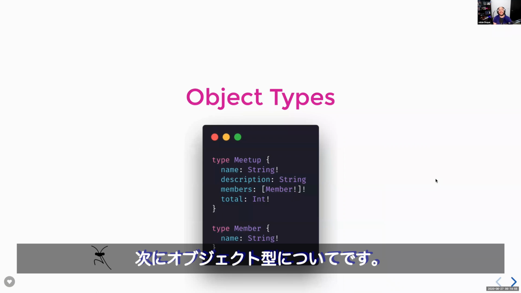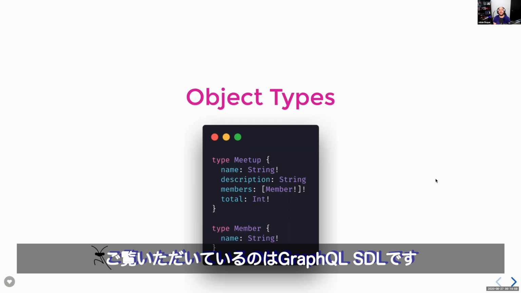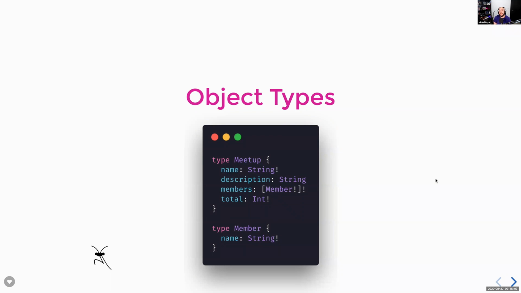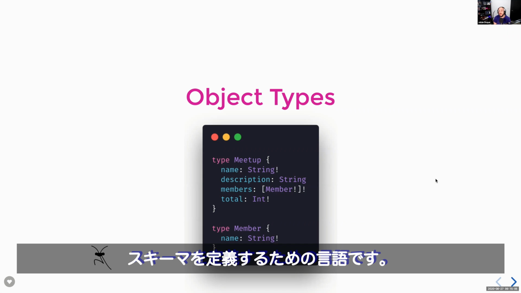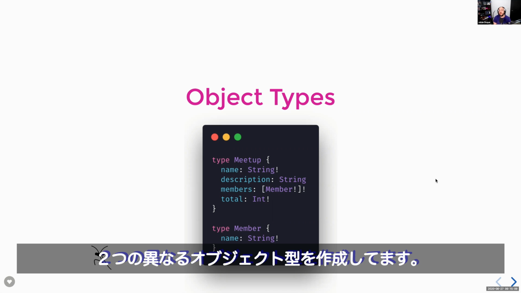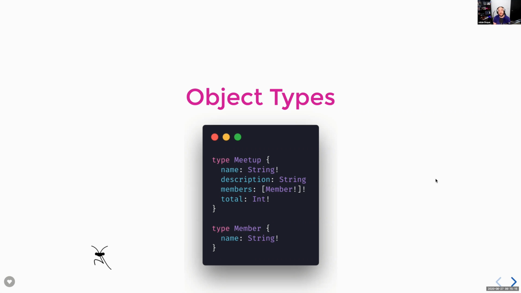Then we can specify the object types. Here we are using the GraphQL SDL, the language that is being used to specify the schemas, to create two different custom types or object types.